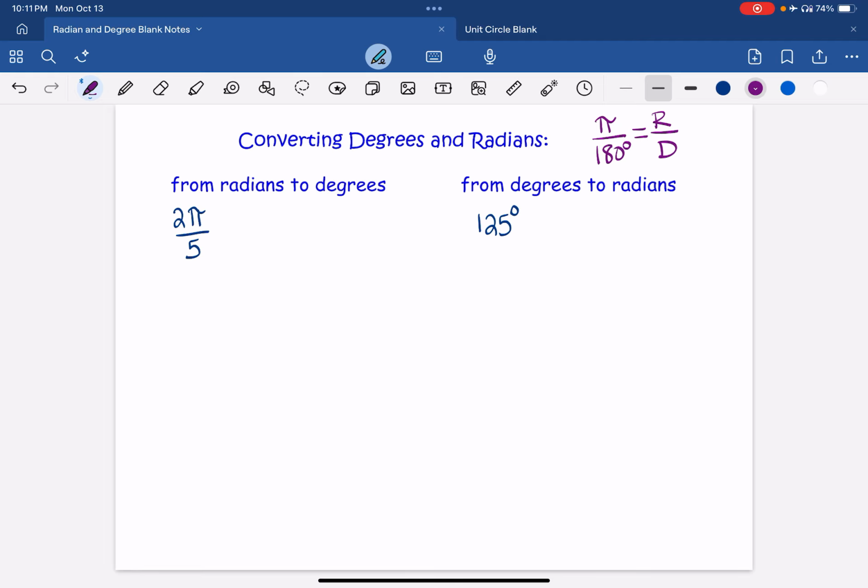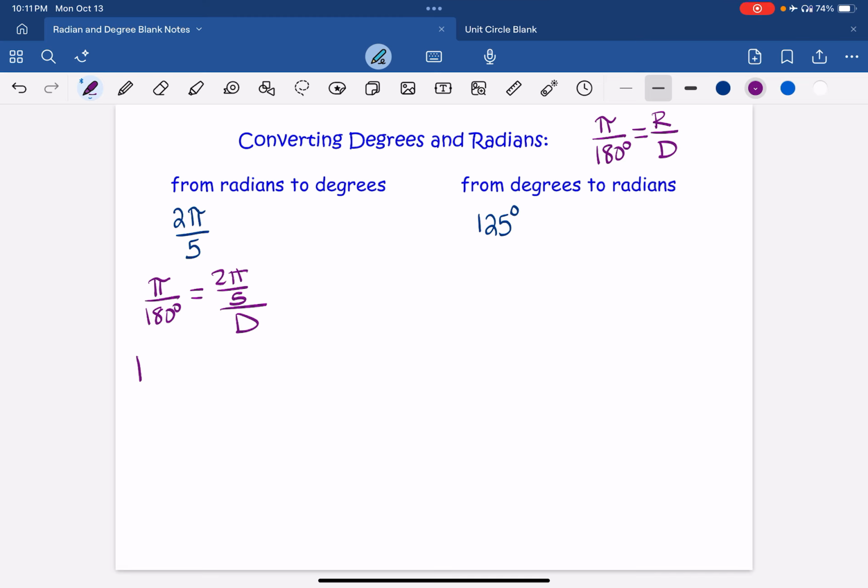For the first example, we're going to take 2 pi over 5 and convert it to degrees. So I'm going to plug in 2 pi over 5 for my r. So I get pi over 180 degrees equals 2 pi over 5 over d degrees. Now I'm going to multiply by d.